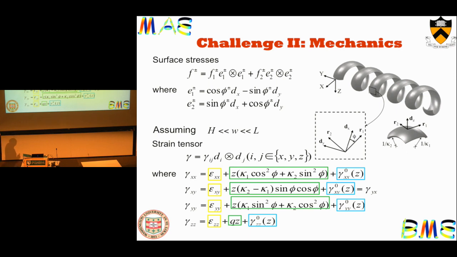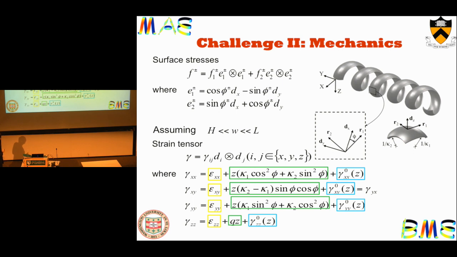The surface stresses are tensors. They can have these principal directions, E1 and E2, with plus and minus just to denote the surface stresses on the top and bottom layer respectively. We assume for the ribbon geometry that the thickness is much smaller than the width, and the width is much smaller than the length. The strain tensor that characterizes the deformation is the following.